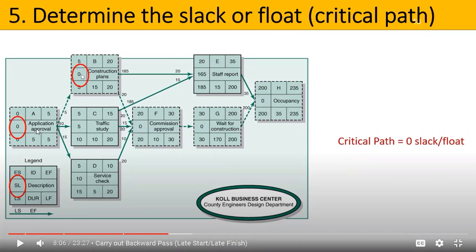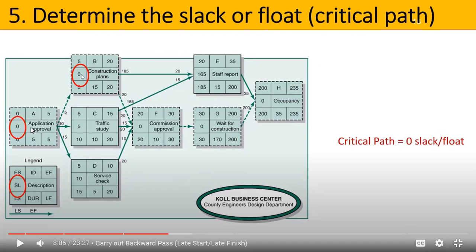So if you look for all the zeros, we would get A, B, F, G, and H. And they also put it in the diagram right here with a dashed arrow. A dashed arrow is A, B, F, G, and H. So that's the critical path.